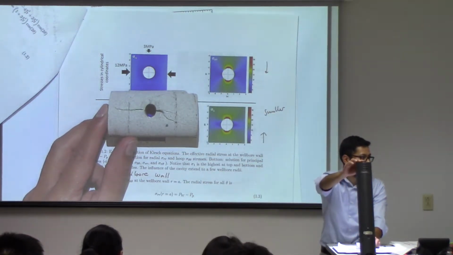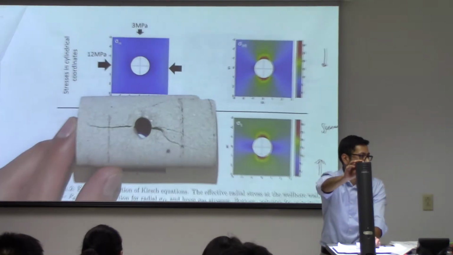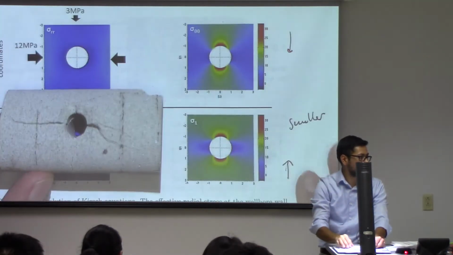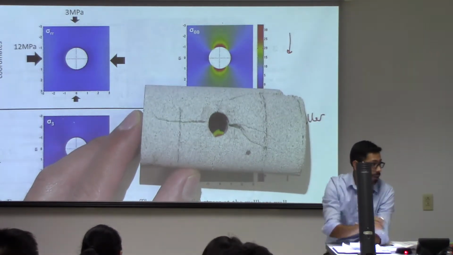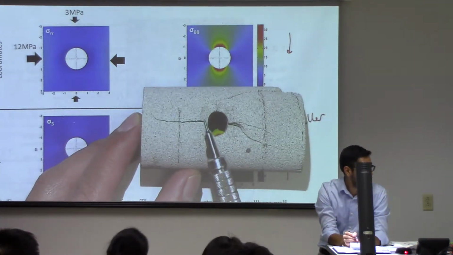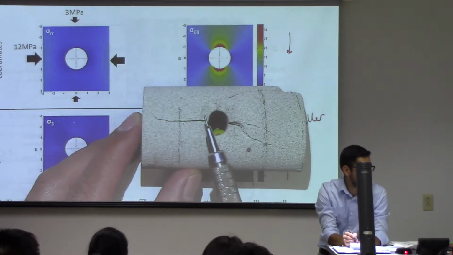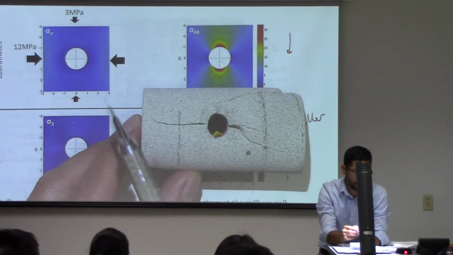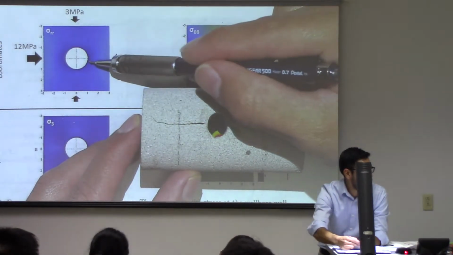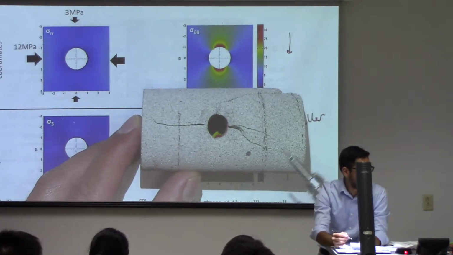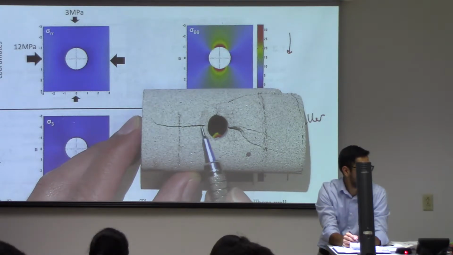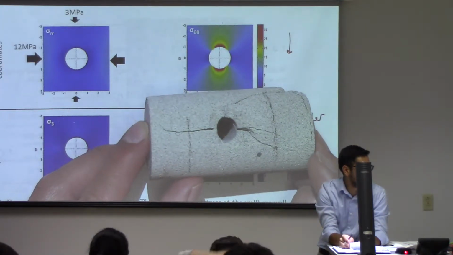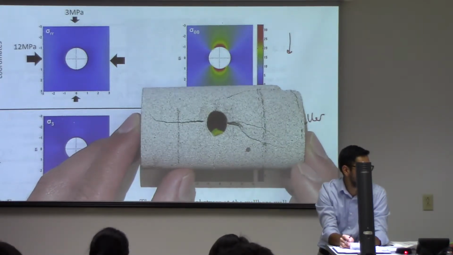What you would expect to see is tensile failure in this direction at these points over here, aligned with the direction of the maximum stress, and you can see very clearly those tensile fractures right there and there.